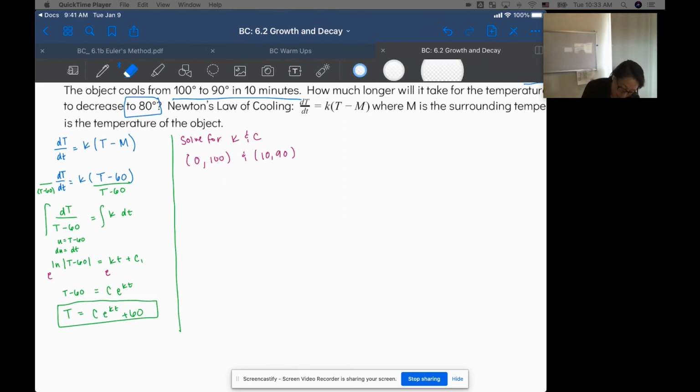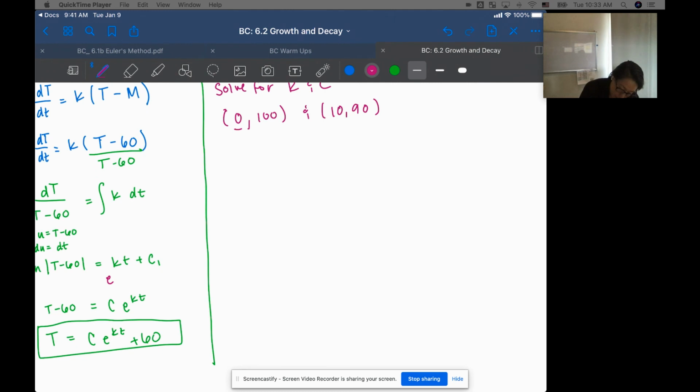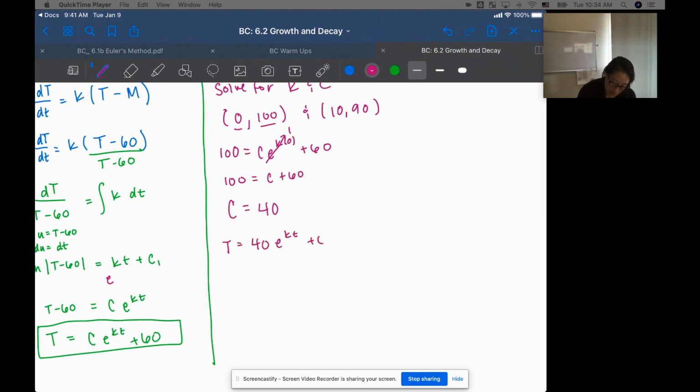So I am going to plug in the values: 100 is equal to C times e to the K times 0, plus 60. And remember, anything to the 0 is 1. So I now have 100 is equal to C plus 60, so C is equal to 40. So I can write my equation as T is equal to 40 e to the kt plus 60.